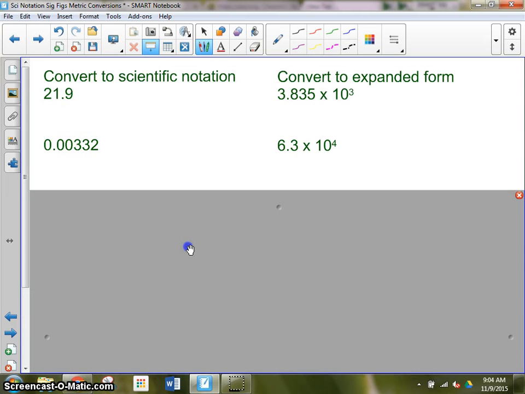So, take a moment to try these conversions in the right-hand column for yourself. In a little bit, I will give you the answers.